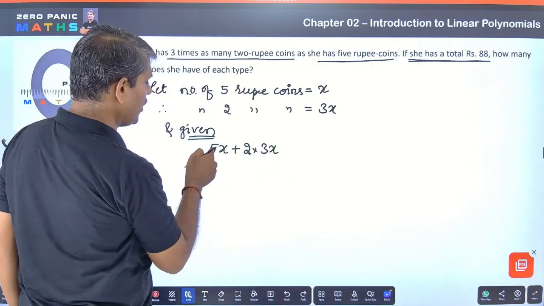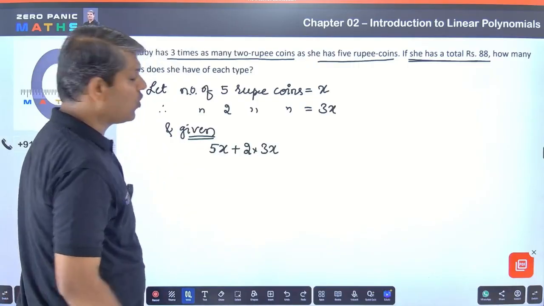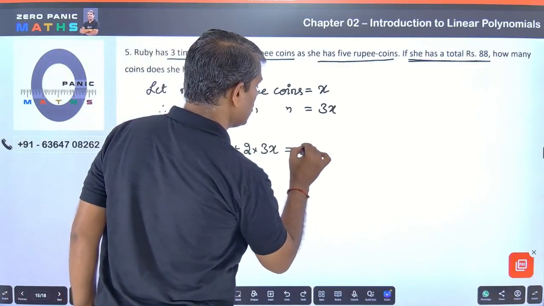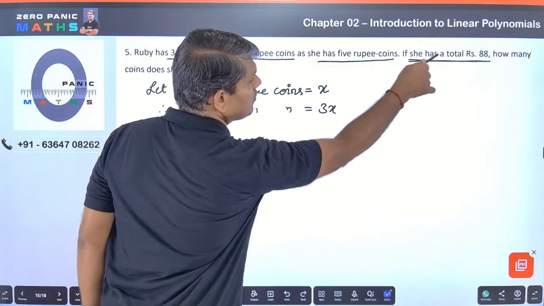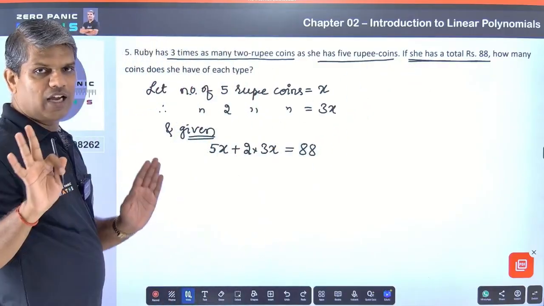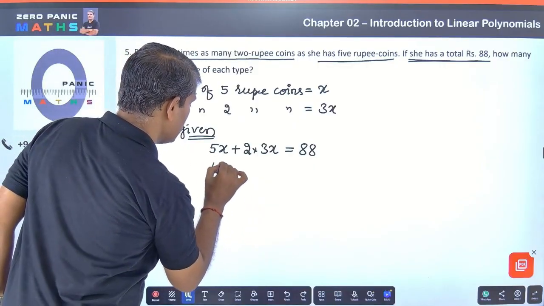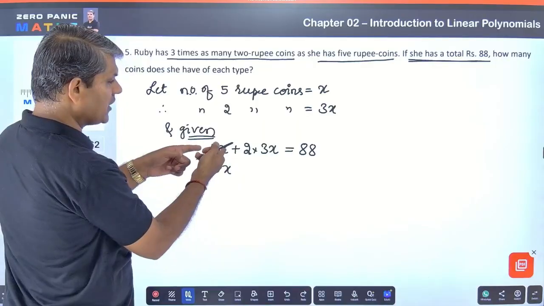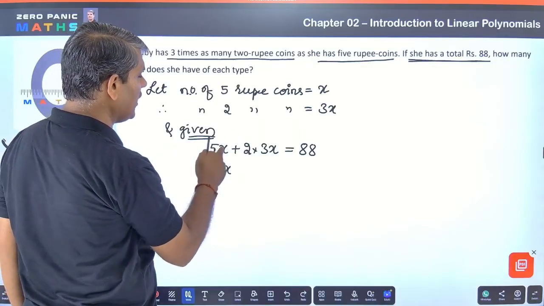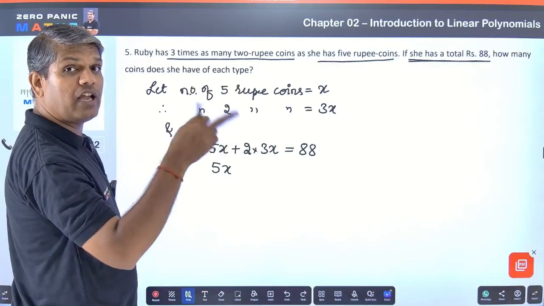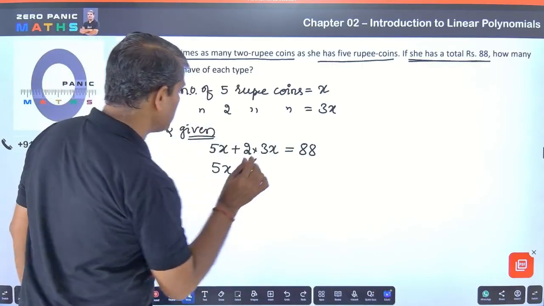That is what is equal to 88 rupees. That is what is given here. Understood this clearly? Okay, now let us resolve this. 5x, here you can see clearly that I did not consider x and y for the 2 rupee and 5 rupee coins. Okay, try to understand this.